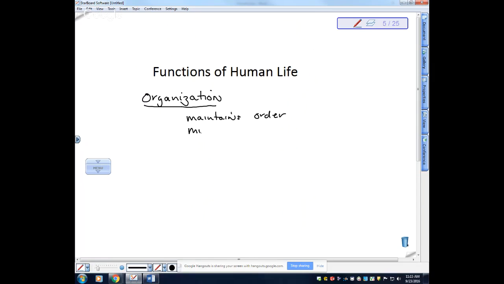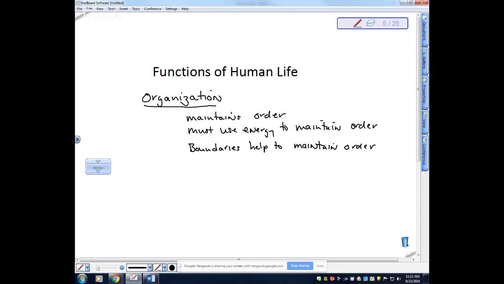So we must use energy to maintain order or our organization. Okay. Along with this organization is that we have boundaries. And so boundaries help to maintain order. So fundamentally at the cellular level, it is the cell membrane.